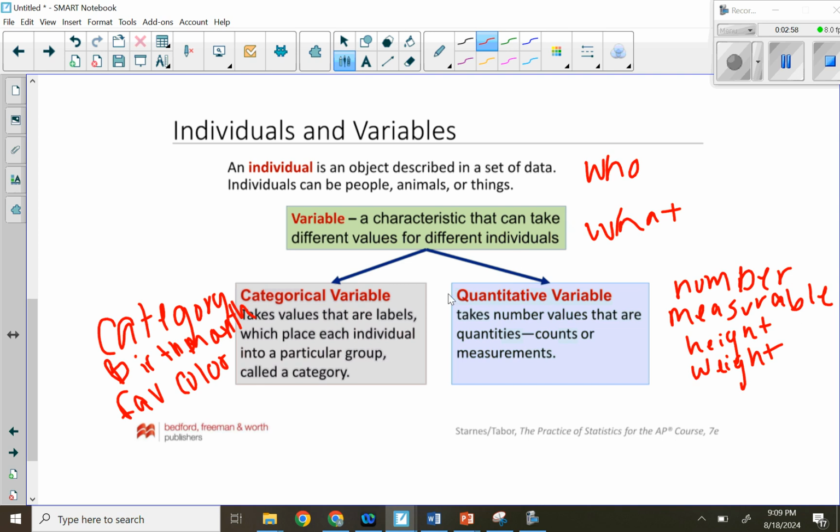Now something that does confuse students with categorical versus quantitative is that with categorical, you are sometimes counting how many individuals fall in that category. So we do end up with a number still, but we're not measuring it from the individual.